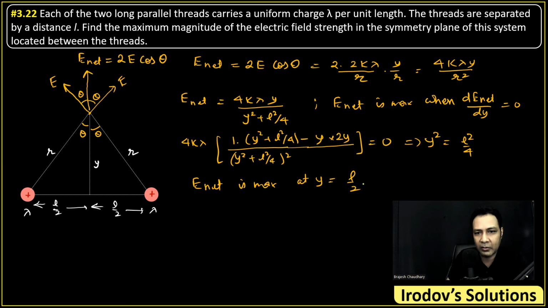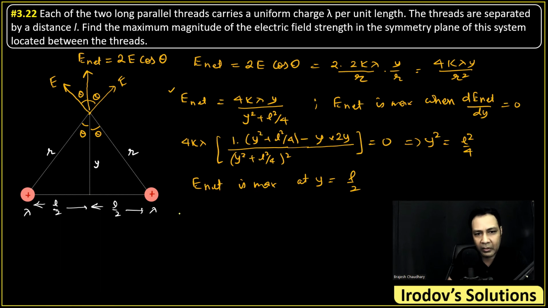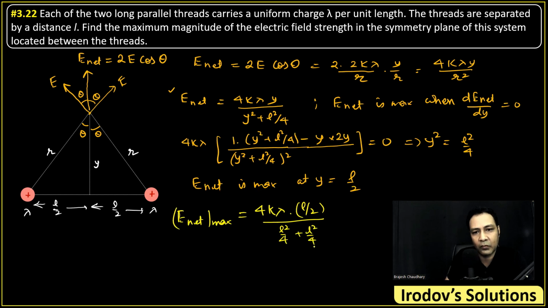Now put y equal to L by 2 in this equation. The maximum value of the electric field, E net max, will be 4k lambda times L by 2, divided by L square by 4 plus L square by 4, which is L square by 2.